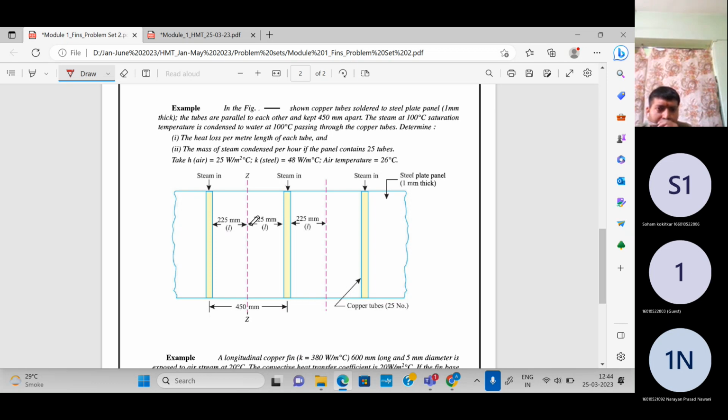So basically you can say the middle point between the two tubes will be the coldest point, and the temperature gradient at this middle point will be 0, and half of the distance between the two tubes will act as a fin. So for a single copper tube, two fins will be there, this one and this one. Fine. So now let's calculate this.